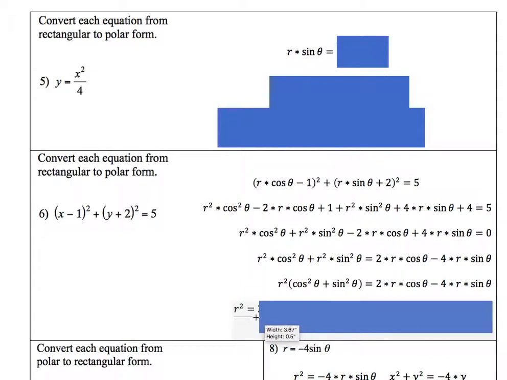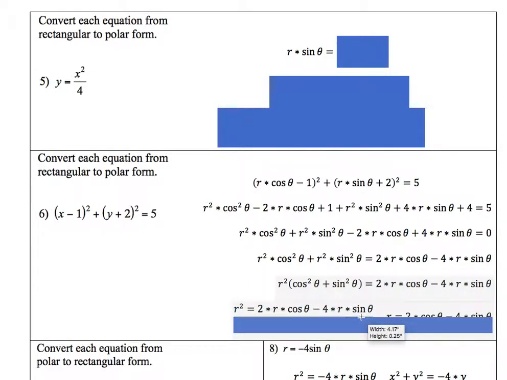So now I have r squared equal to all of this stuff over here. And then I can divide everything by r because I have r on both sides of the equation. And then what happens is I get r equals 2 times cosine theta minus 4 times sine theta.